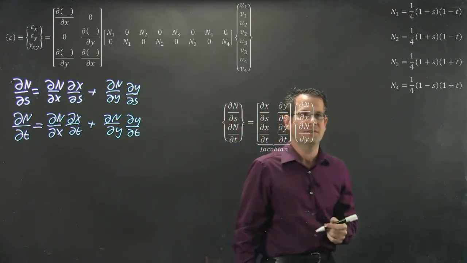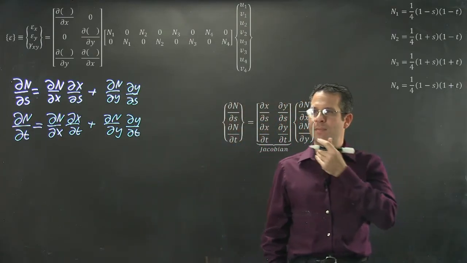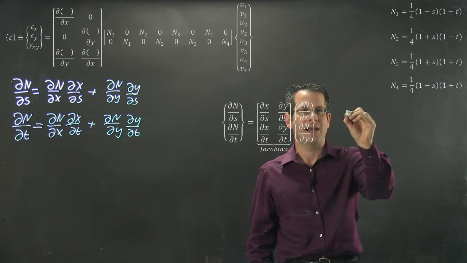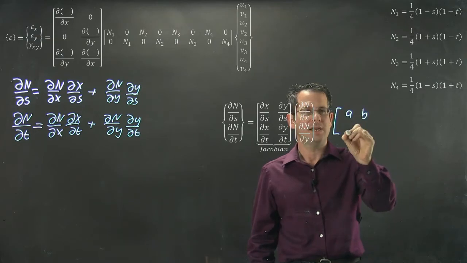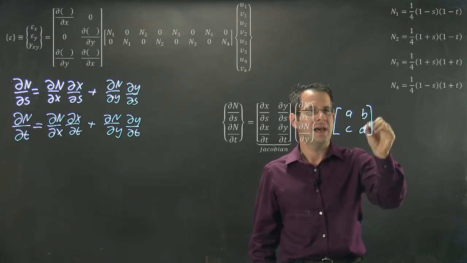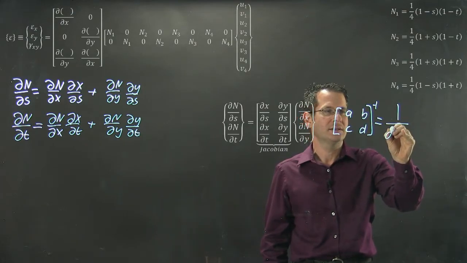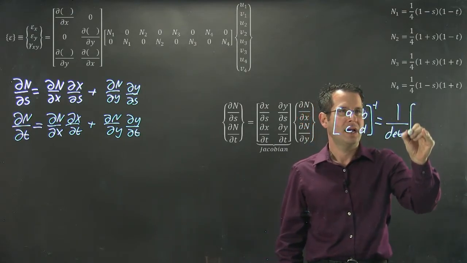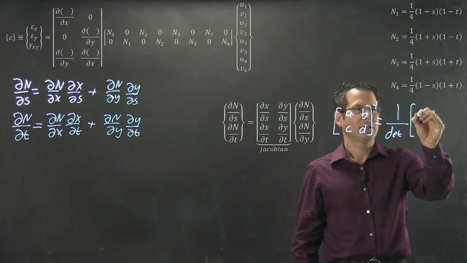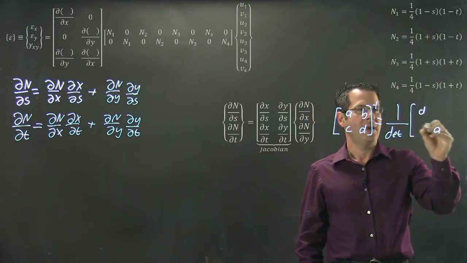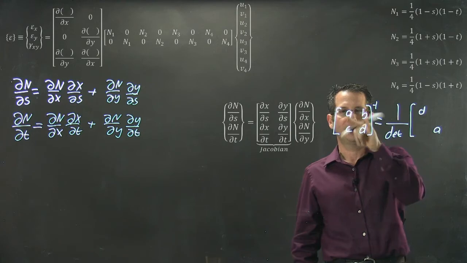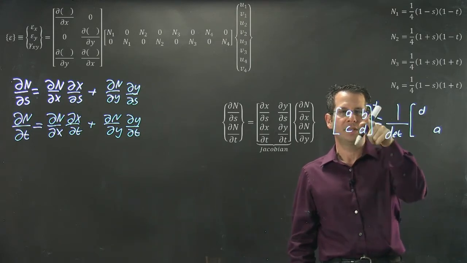How do I find the inverse of a 2 by 2 matrix? Remember from a linear algebra class, if I have a 2 by 2 matrix A, B, C, D, and I want its inverse, that is equal to 1 over the determinant times D and A on the diagonal. I swap the A and D locations, and these become negative.